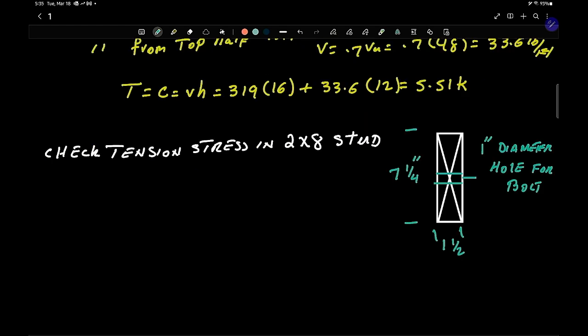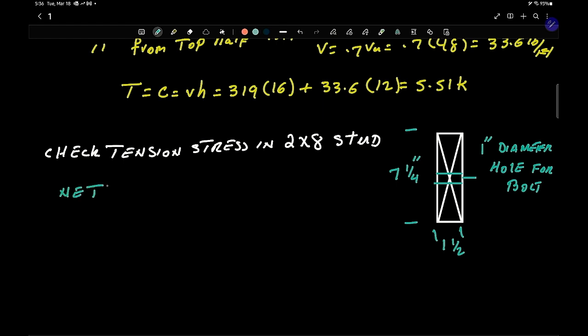So now we're looking at the tension in this stud, which is a 2x8. If we look at the 2x8 down the hole, assuming there's a 1-inch diameter hole for the bolt connection, let's just calculate the net area of that.